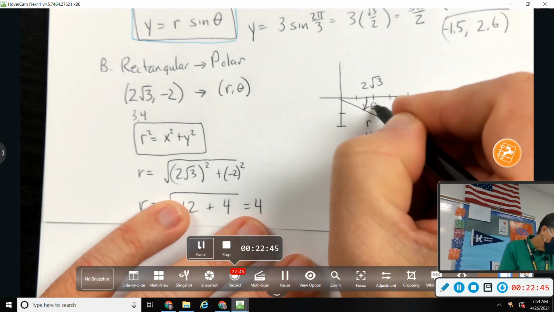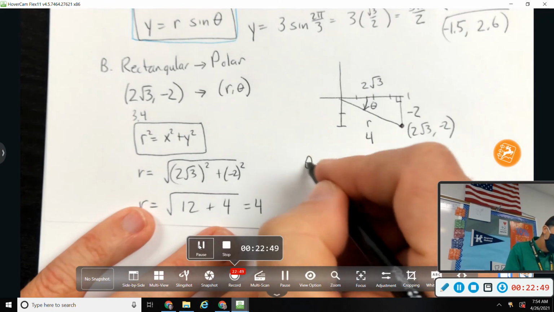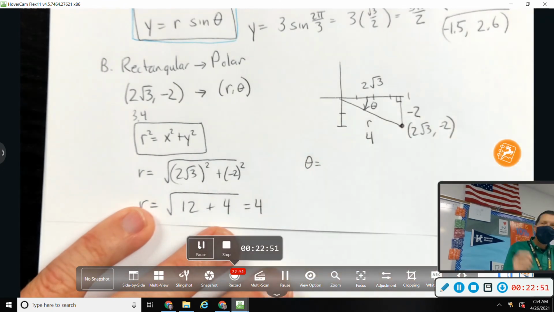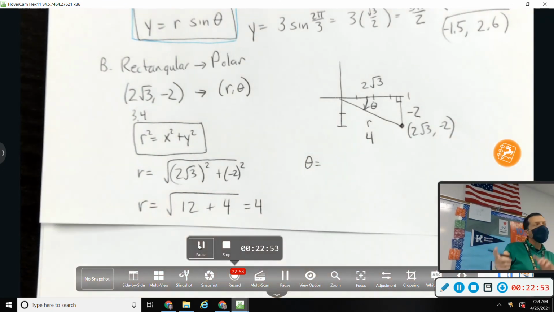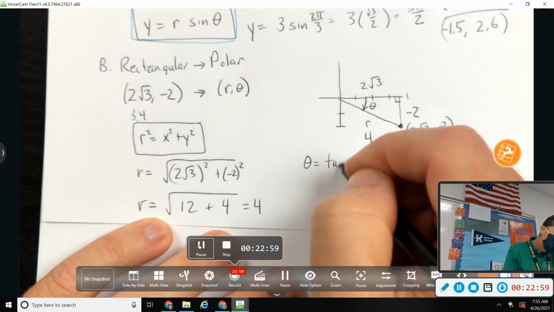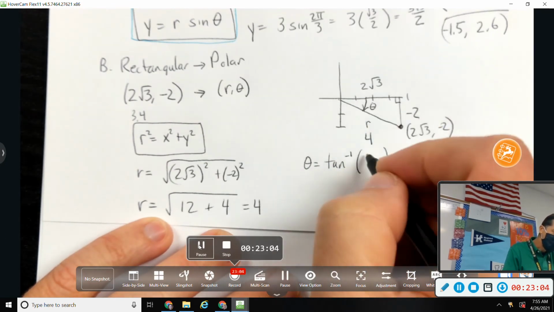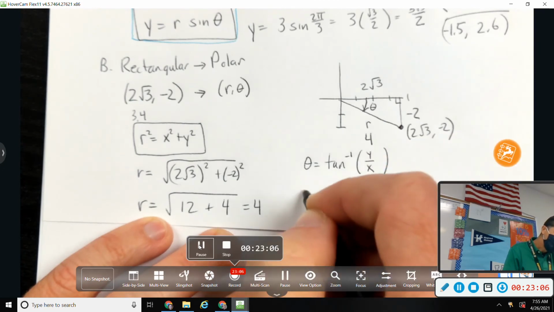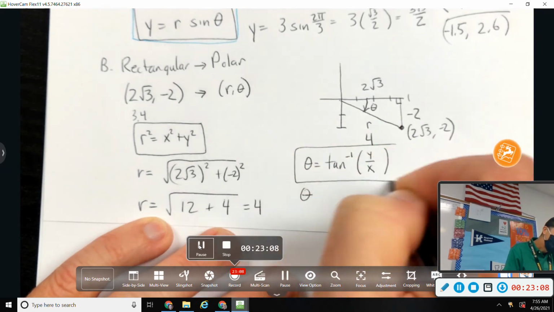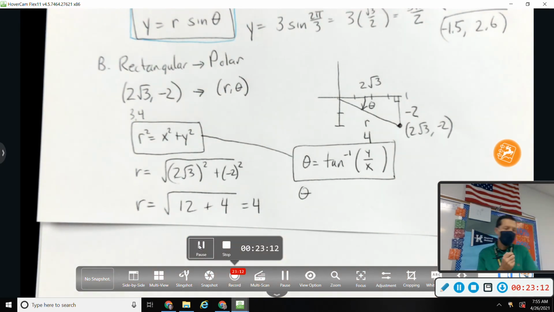All right, to find that angle theta, you mentioned rise over run, and what we did on Friday was rise over run is slope, but it's also the tangent of the angle. So if we do inverse tangent of rise over run, so there's the ways to get to r and theta.